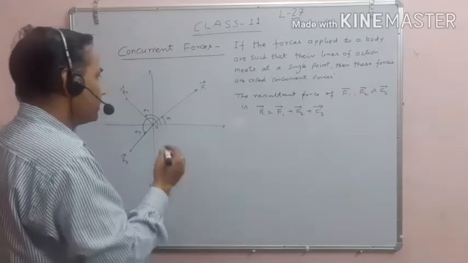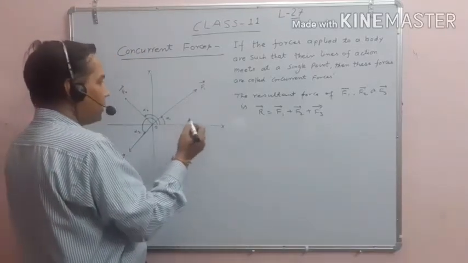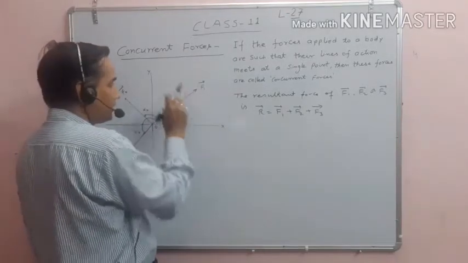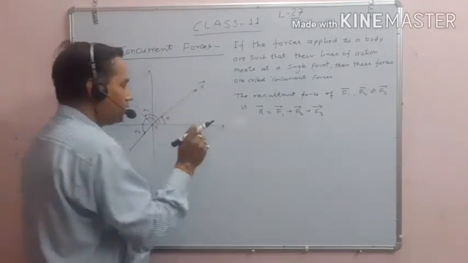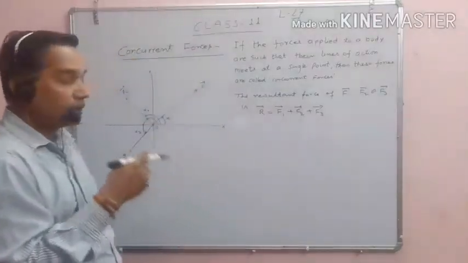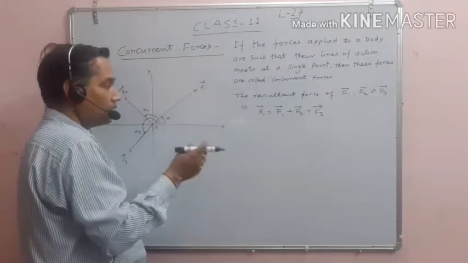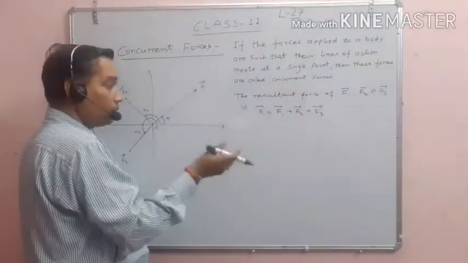Now you can see from the figure that F1, F2, F3 are forces acting in the X and Y axes, so each will be resolved into two components, because you can see all the forces are in the same plane, that is, coplanar.